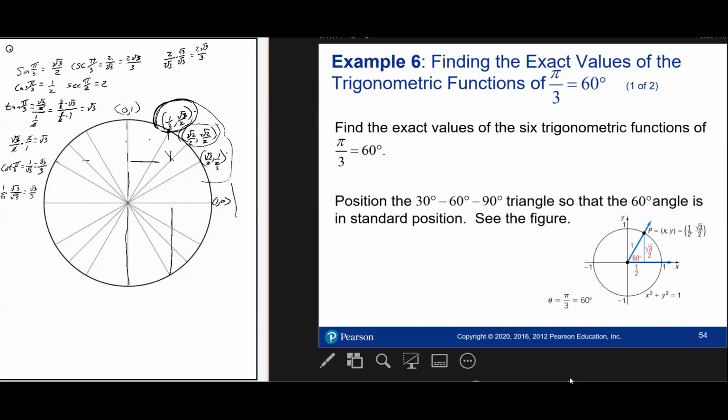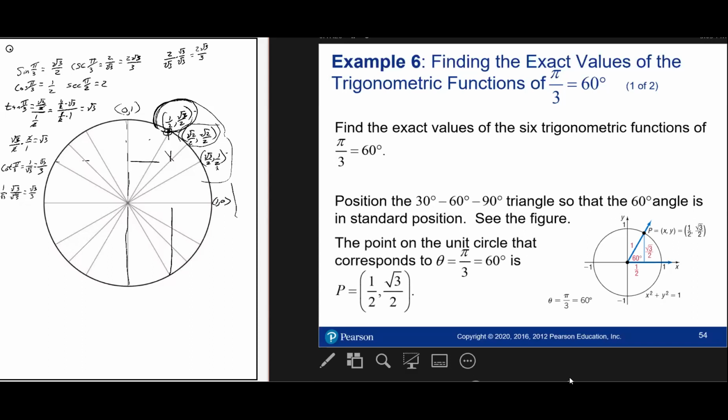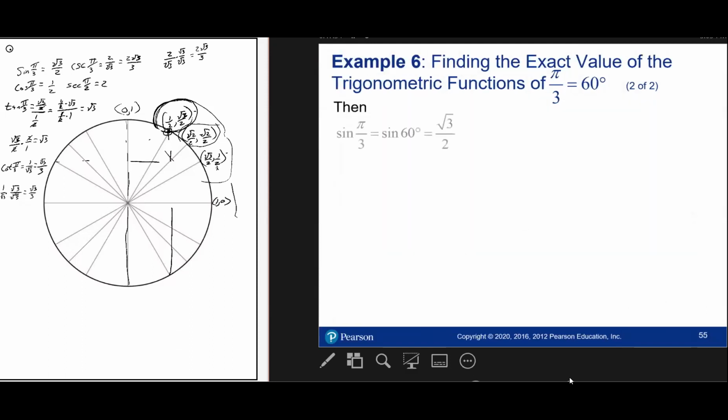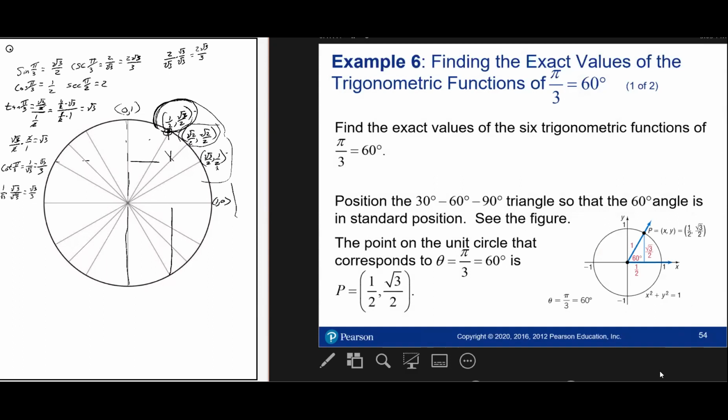So you figured out where the 60-degree angle is, and that's the coordinate on the unit circle. See, let me back up. What they're talking about here is finding these values based on the unit circle where the radius is 1.